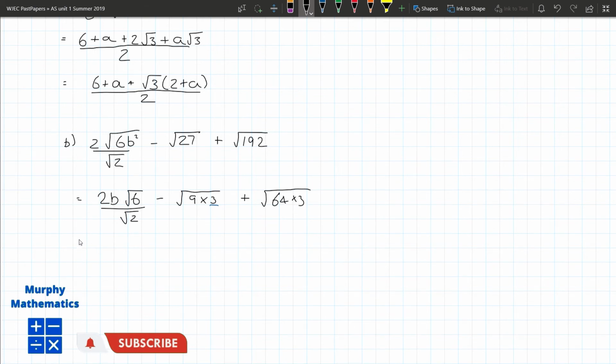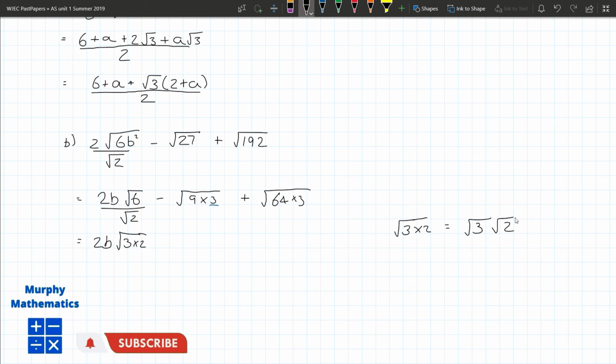Okay, so with my first term now, I want to get rid of this root 2. I don't really like having root 2 on the denominator. And I can see I can split root 6 into 3 and 2. So here we go, we've got 2b root 3 times 2, and that can be written as root 3 root 2.